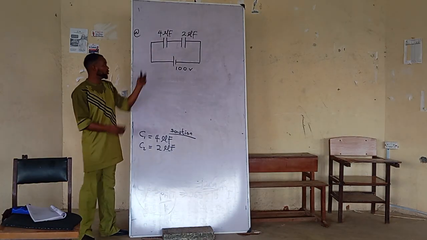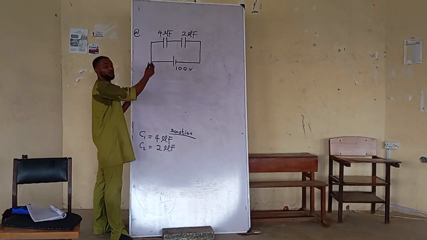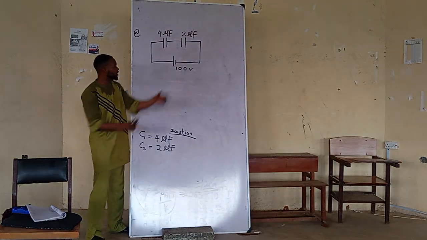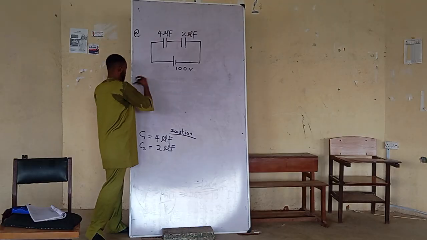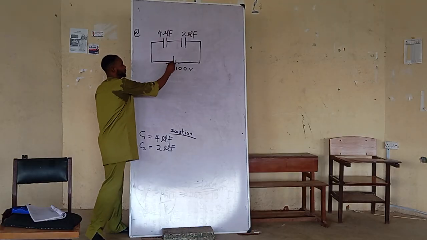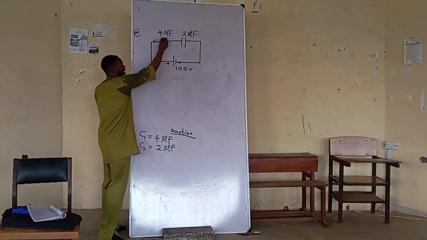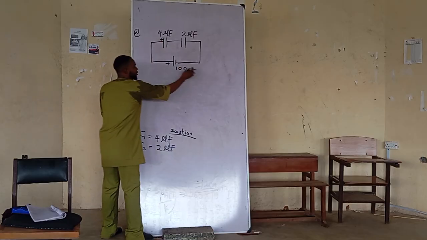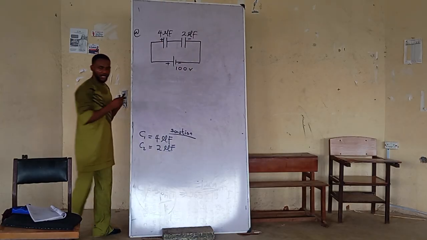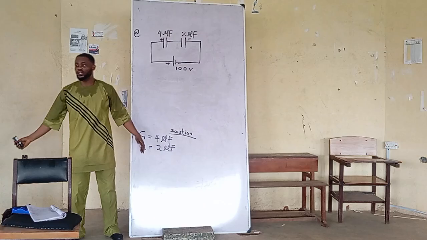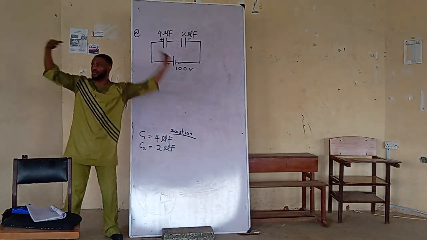In series, I told you, the smaller part of this voltage is minus, the bigger part is plus. If this plus comes and goes here, and this minus comes and goes here, you will see that it's not like normal voltage, where it just goes here.